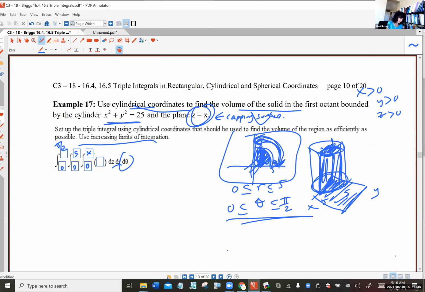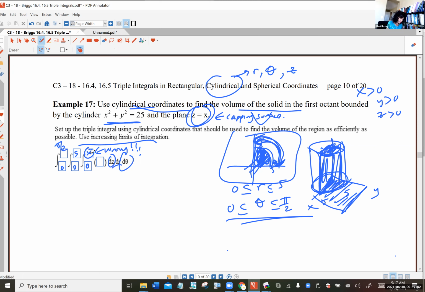Why not? Why is putting an x there wrong? We want it in cylindrical. Yeah, cylindrical coordinates. If you're doing cylindrical, I better only see an r, a theta, or a z, or one of those kinds of things. Now, since we're integrating here with respect to z, you're not allowed to put a z in a limit for the same variable of integration.